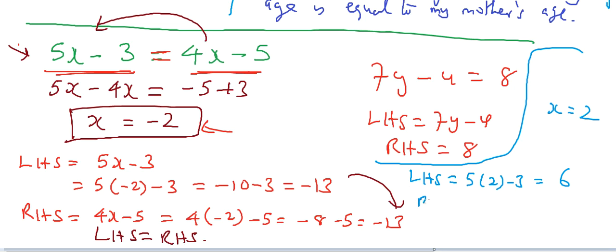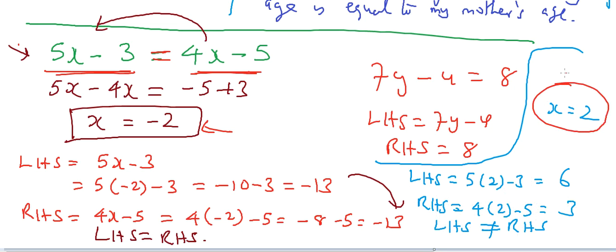Then RHS, 4x minus 5. So 4 into 2 minus 5. 4 into 2 is 8, 8 minus 5 is 3. See now here LHS is not equal to RHS. So therefore x equal to 2 is not a solution to this equation. Understood?